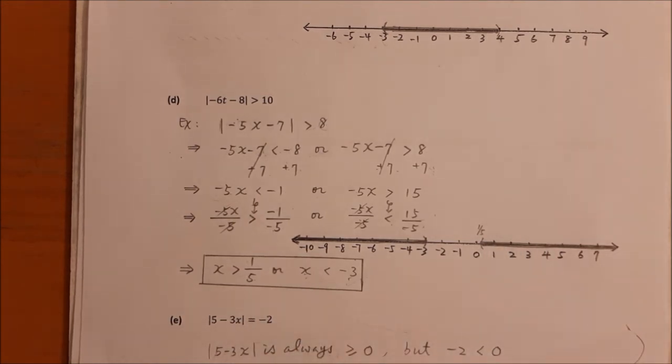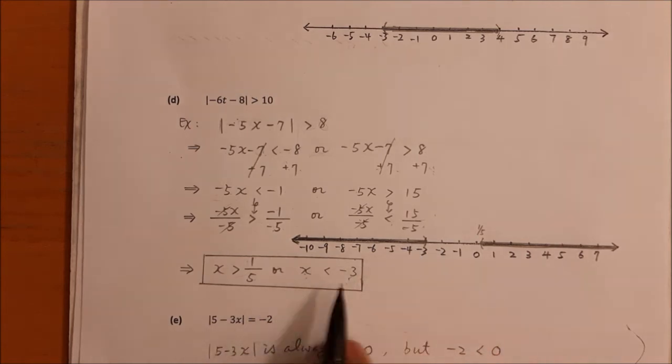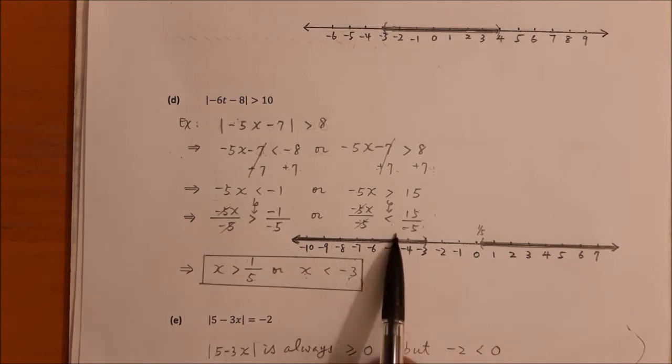Or, so it's a union, x less than negative 3. Since there's no equal sign, at negative 3 you use a parenthesis, not including negative 3. Less than negative 3, so shade to the left. The two intervals, unioned together, are the solution of the inequality.